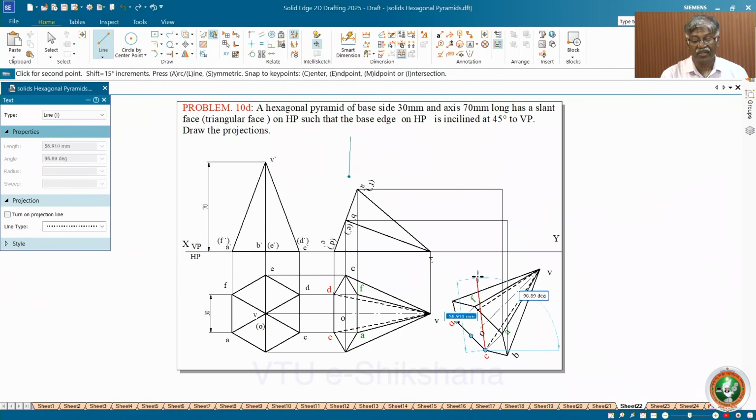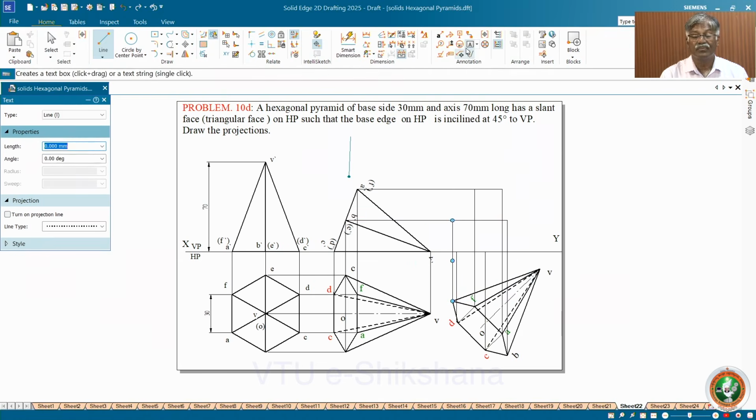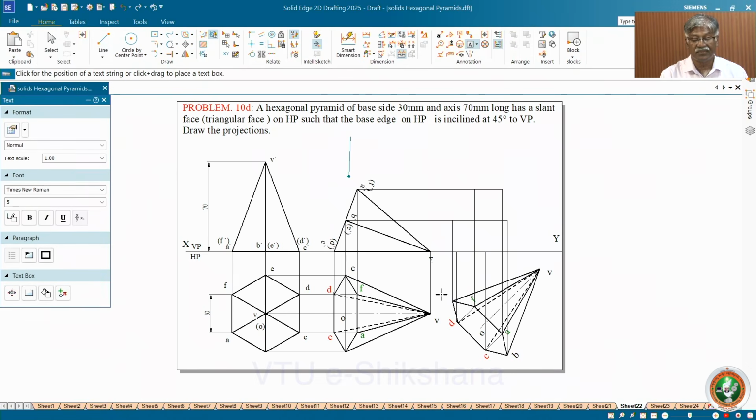It is on the XY line only. This is C. This one is D. Then we have F at the last line. Then C is missing here. C. E is missing here.